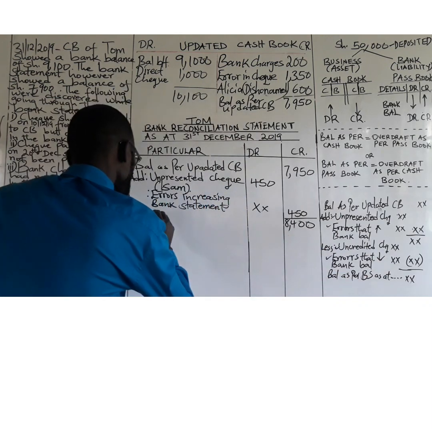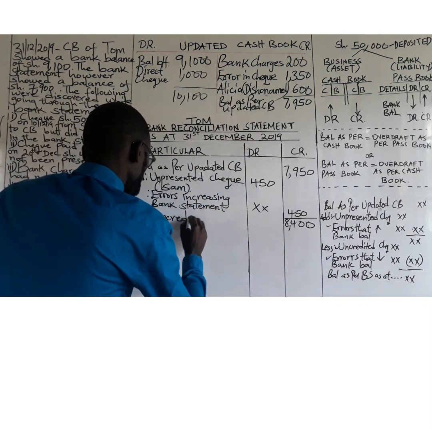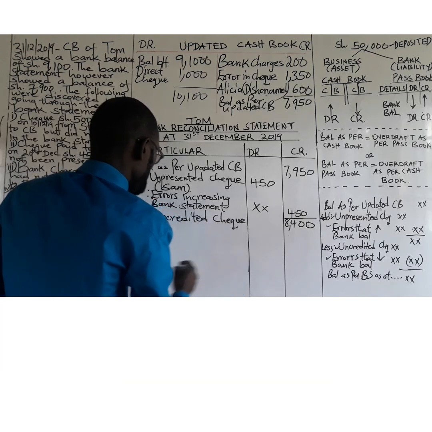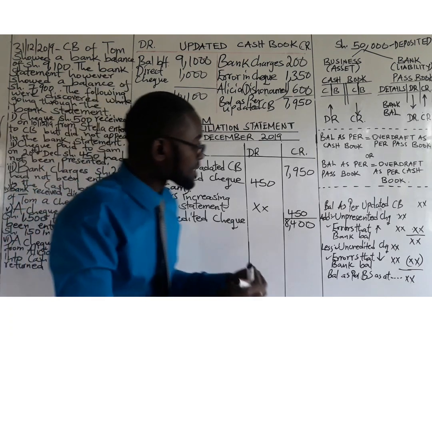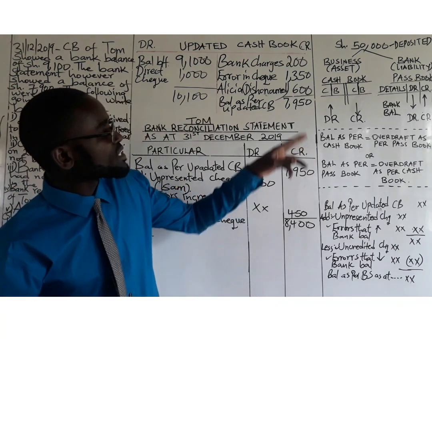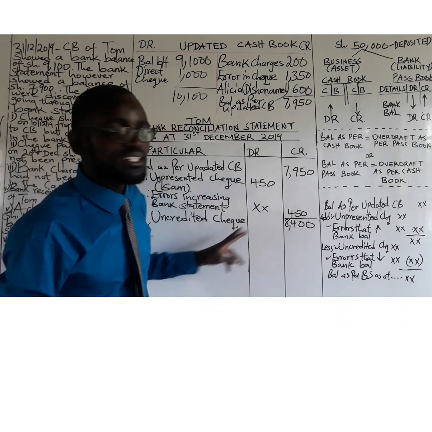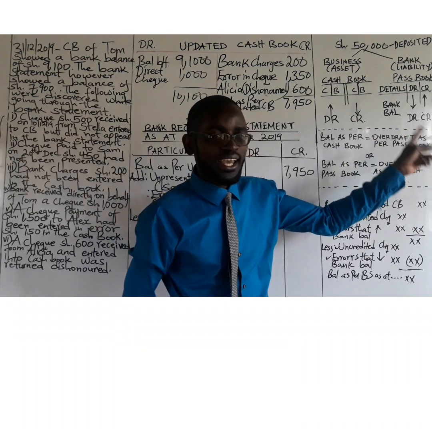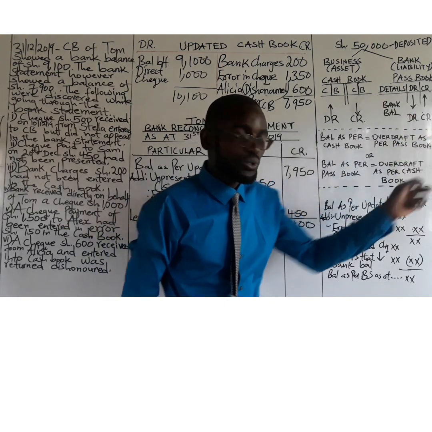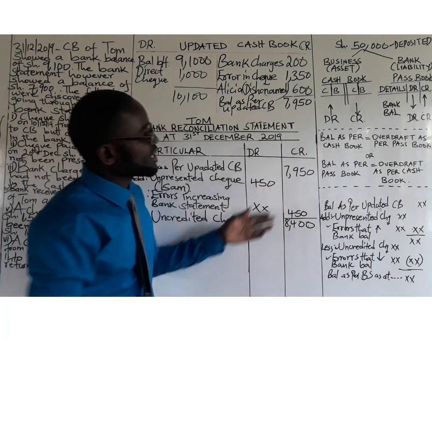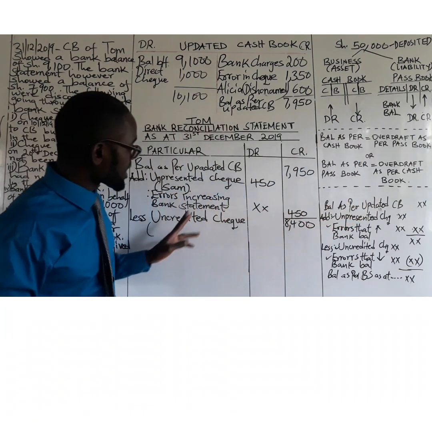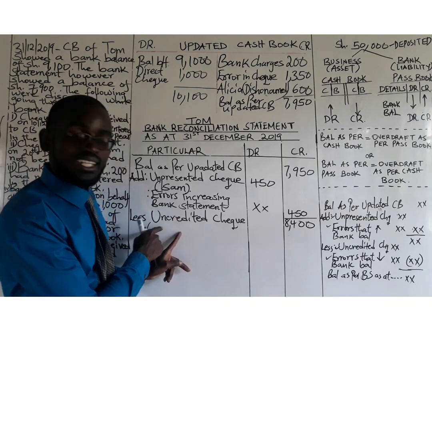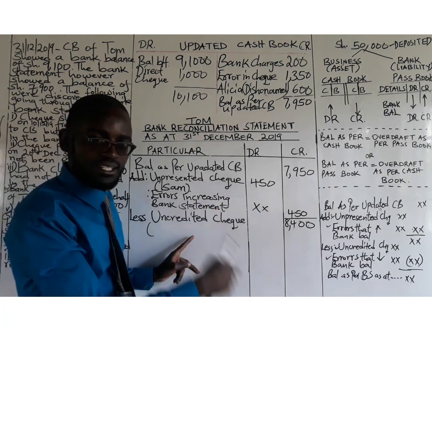Then we less uncredited checks. This type of check means that the check has already been reflected in the cash book, but the bank has not entered it in its books. So we are supposed to bring the cash book and the bank statement into agreement by lessing what is in the cash book. We are lessing because it is in the cash book and not in the bank statement.